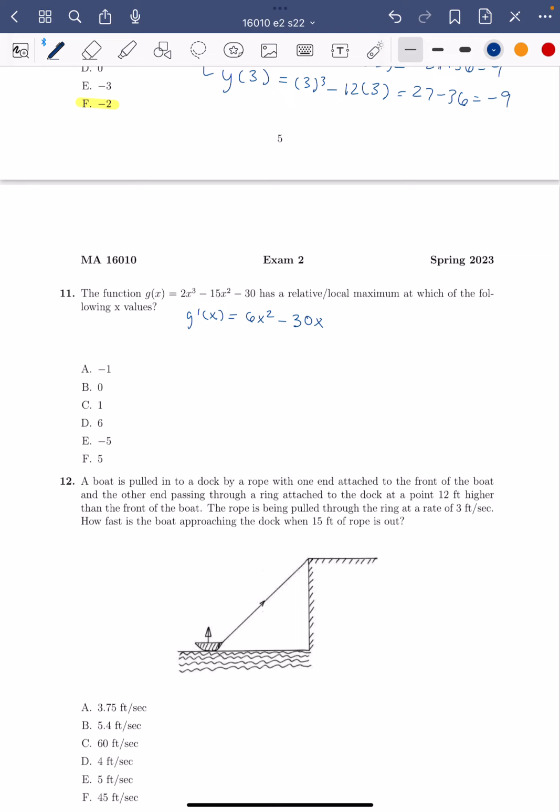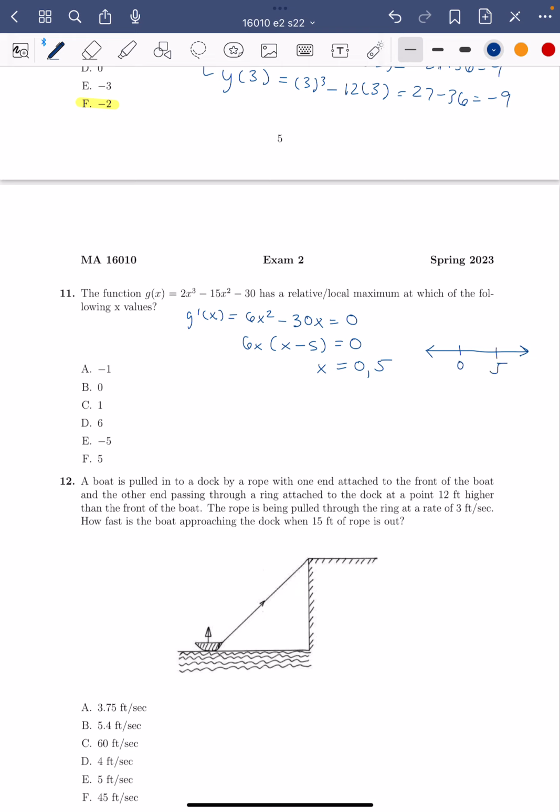If we set it equal to 0, we can take out a 6x. If we solve this, we get that our critical numbers are x equals 0 and 5. So let's go ahead and draw this on our number line right here. We have 0 and 5.